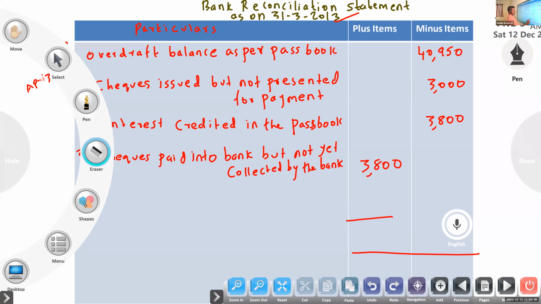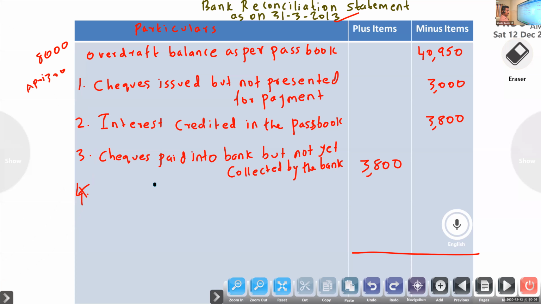So already I said the date is very important. Here the check credited, no problem. But the dishonor is debited in the passbook in April only. On this date, the check is not dishonored. So that dishonor entry we didn't record in the cash book, but on this date, no dishonor, nothing is there.